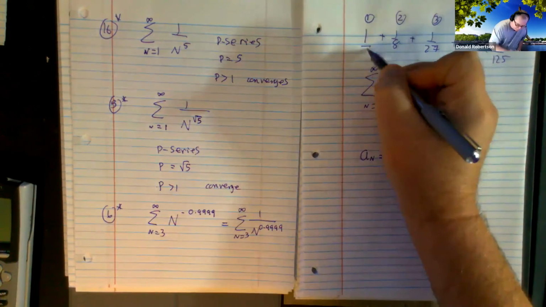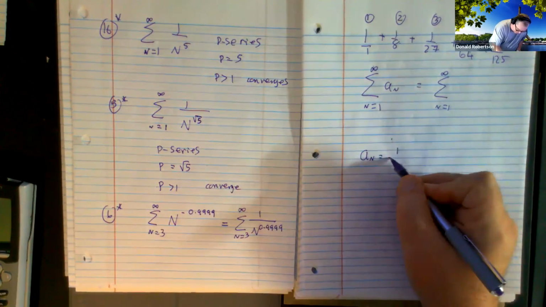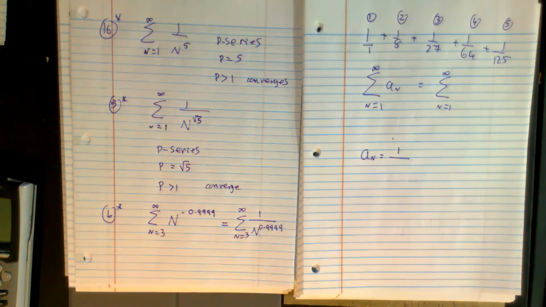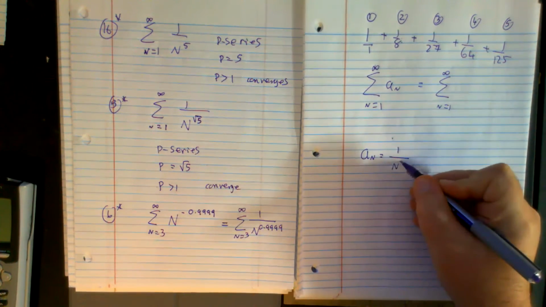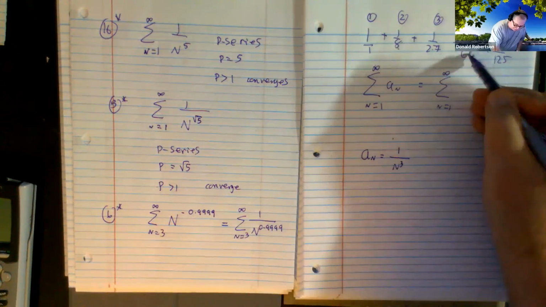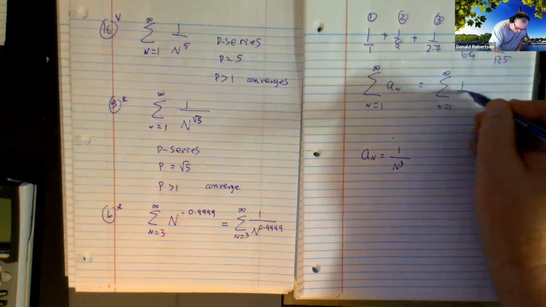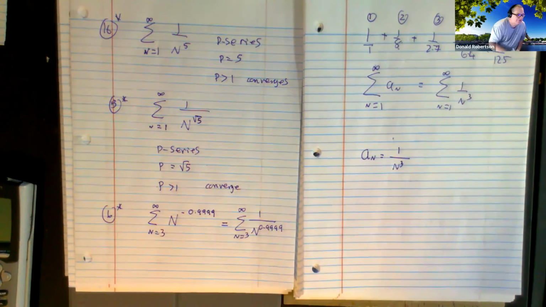Well, I would think of that as 1 over 1. So it's 1 on the top. What do you do to 2 to get 8, 3 to get 27, 4 to get 64, and 5 to get 125? You do the same thing every time. N cubed. 2 cubed, 3 cubed, 4 cubed, 5 cubed, right? There's no short way of doing that. You just look at it and you look for patterns. Now that I've written it that way, can you see it's a P-series and it converges?